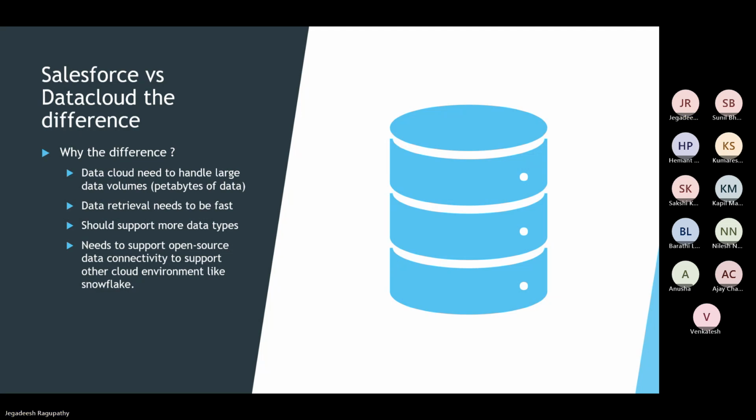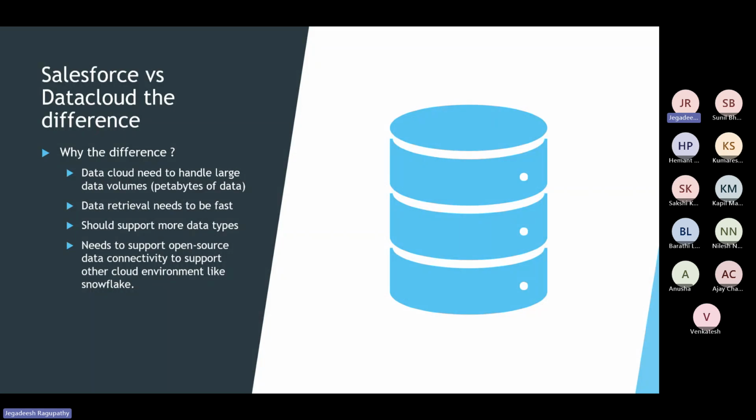But when it comes to a petabyte of data, the retrieval needs to be fast. It needs to query each and every row, so it should support fast retrieval of data for the handling of data, right? So the data retrieval speed needs to be improved, and it should also support more data types.